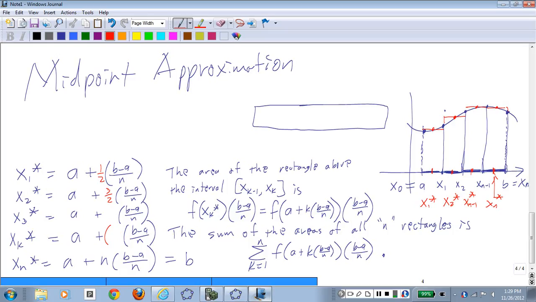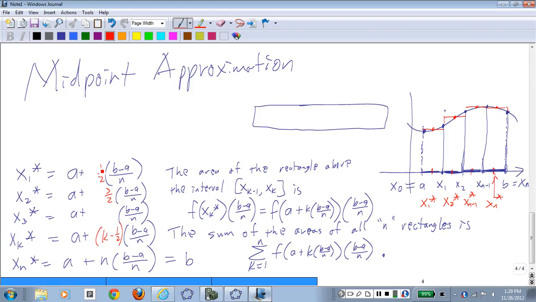Yeah, maybe there's a better way I could write it. The fractions are going to be more difficult to work with. I'd like to say k minus 1/2. That may be what you said.